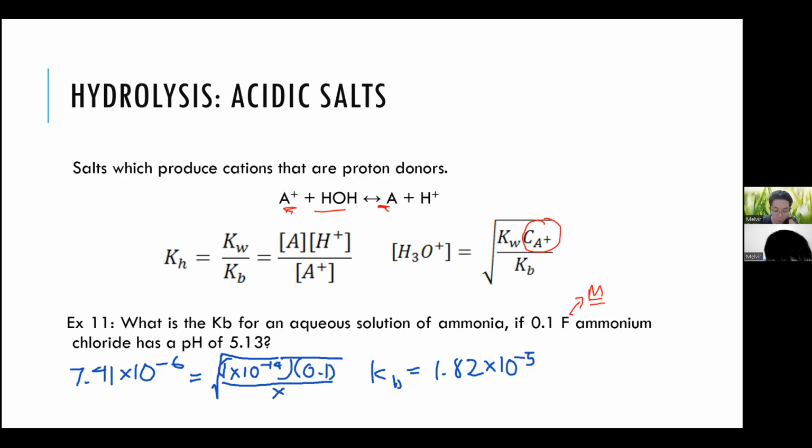Okay, correct, 1.82 times 10 to the negative 5. Is this close to the declared Kb of ammonia? What is the declared Kb of ammonia? Yes, the declared Kb is 1.75 times 10 to the negative 5. That's okay.